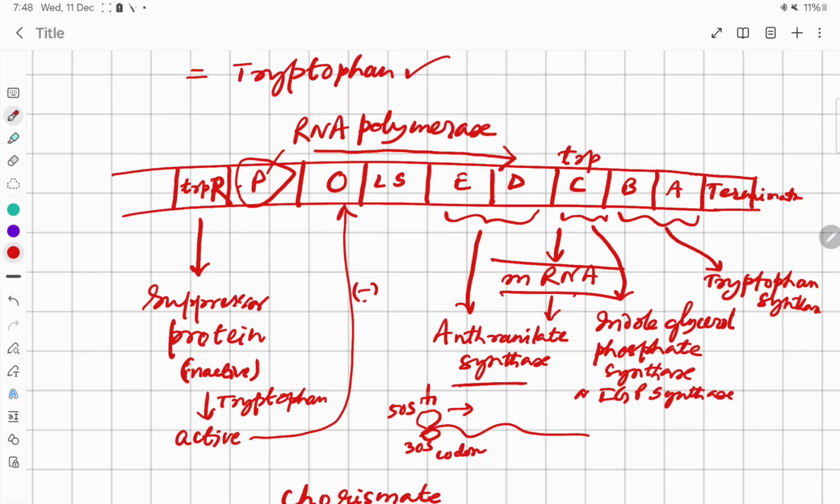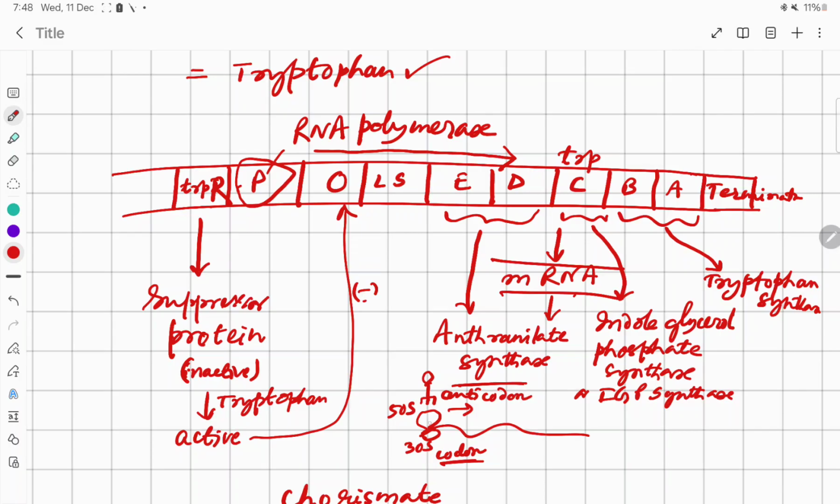Messenger RNA has a codon and the tRNA with a specific amino acid, and the codons of messenger RNA will be recognized by the anticodon of the tRNA.